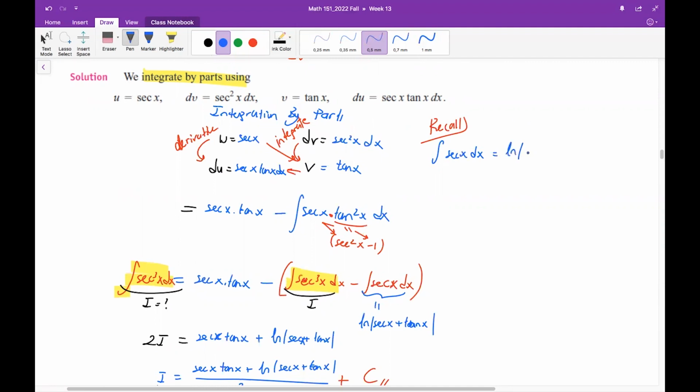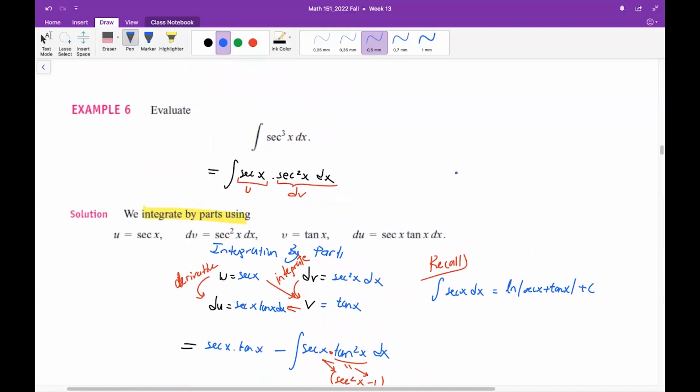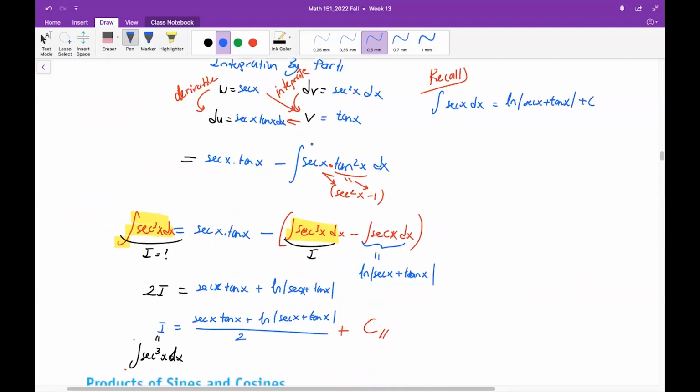So it is ln secant x plus tangent x. Like this. This is an integration rule for secant x. Okay, so that's how you evaluate the integral of secant cube x dx by using integration by parts.